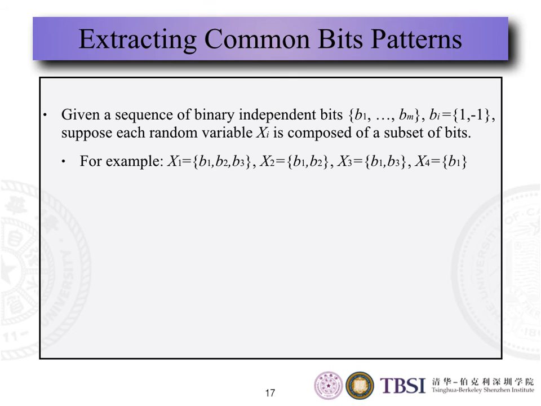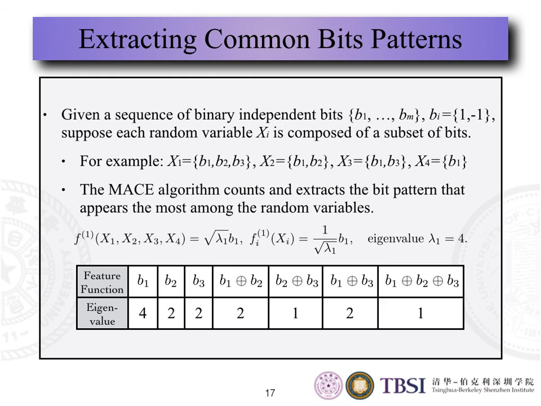Now to see how the MACE algorithm can be applied to unsupervised learning problems, let's look at an example where we have a sequence of binary independent bits b1 to bn, and each random variable is composed of a subset of these bits. For example, we could have the random variable x1 composed of b1, b2, b3, and x2 is b1, b2, and x3 is b1, b3, and x4 is simply the bit b1.